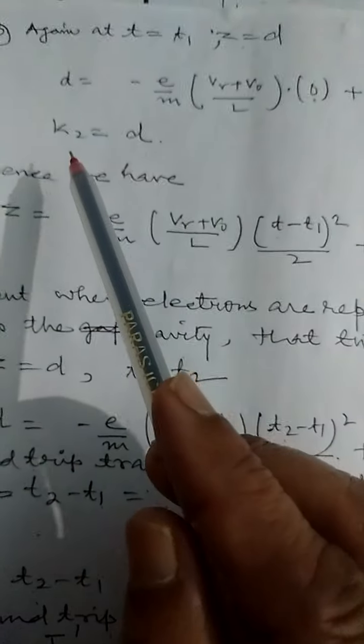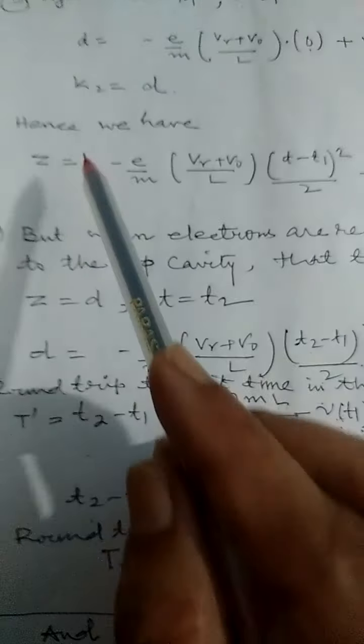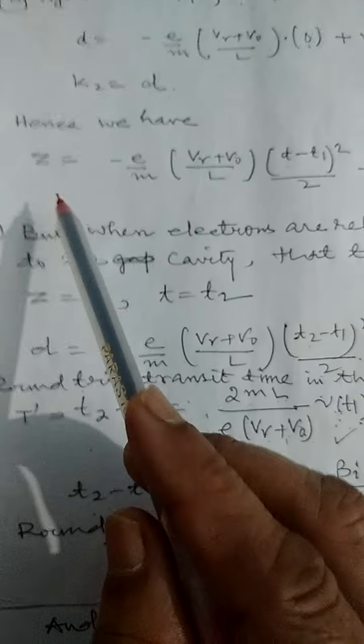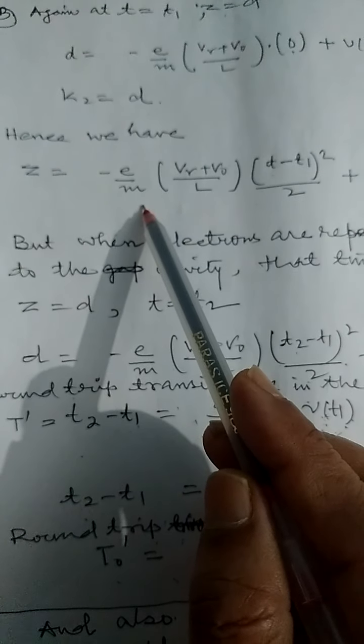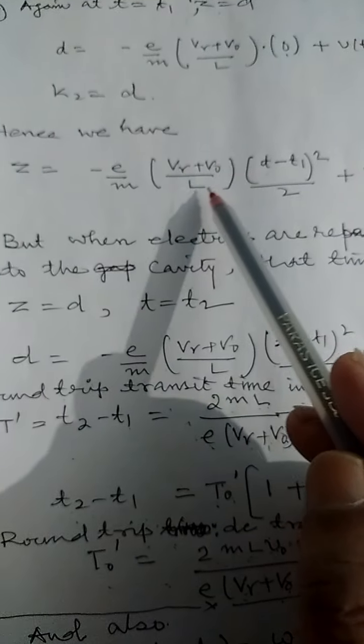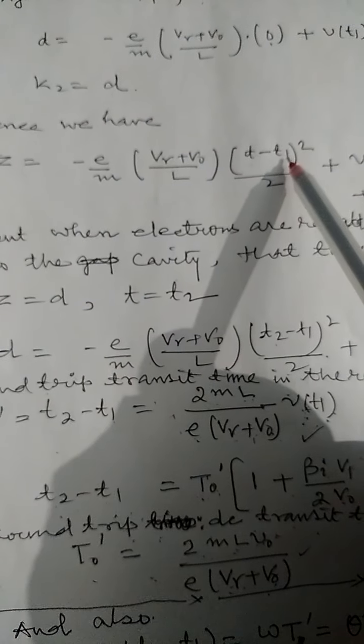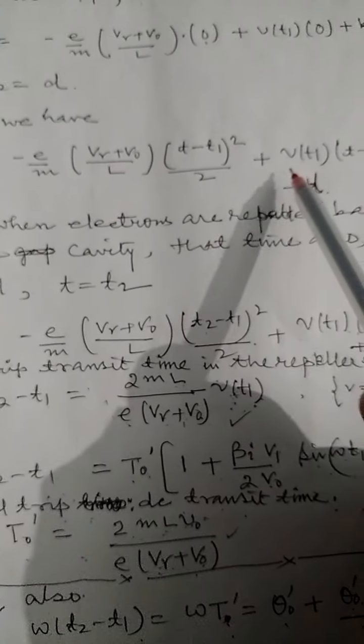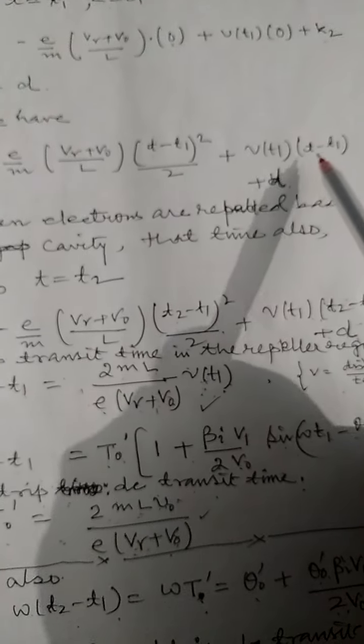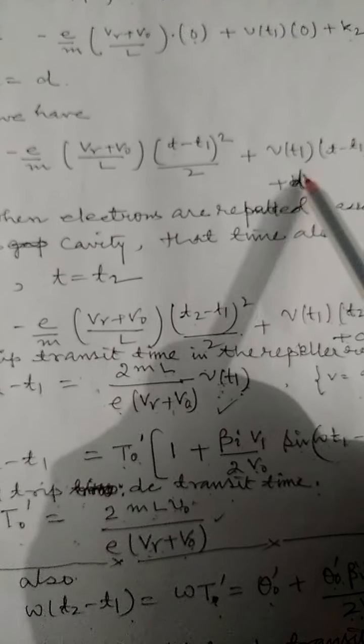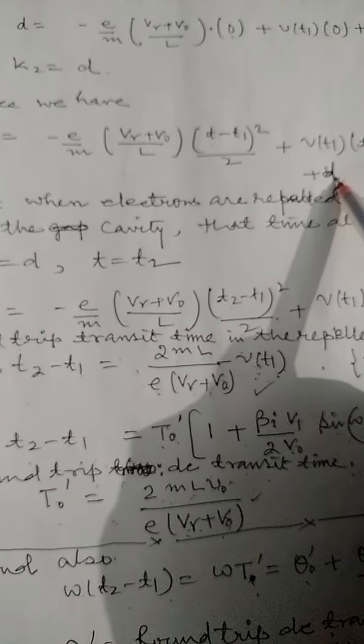So we get k2 is equal to d. Hence we can write z is equal to minus e by m, the previous equation, (vr plus v naught) divided by l, into (t minus t1) whole square divided by 2, plus v of t1 into (t minus t1), plus, in place of k2, we are writing d.